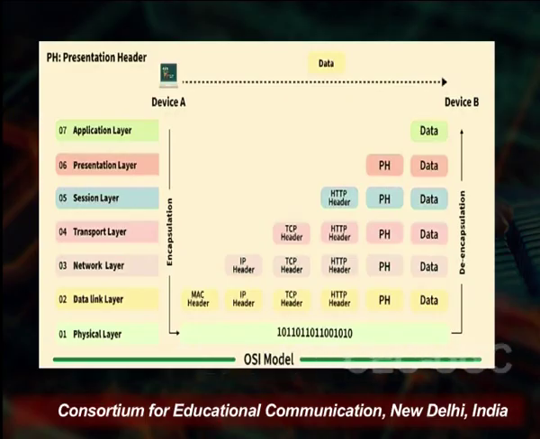Now these headers are stripped off in order to pass on the original data to the user. At the network layer, the MAC header is stripped off.